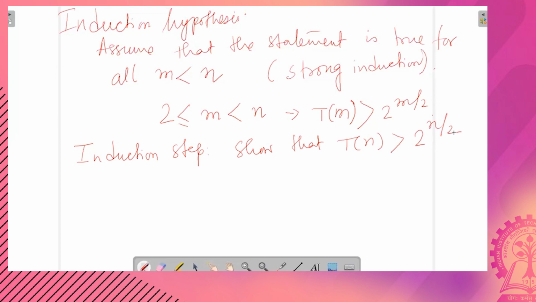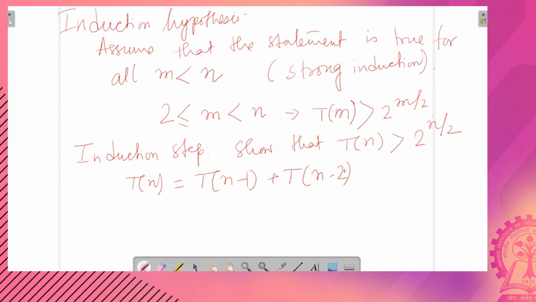Now, how are we going to show this? So we know that Tn can be obtained as Tn minus 1 plus Tn minus 2. Now, since n minus 1 and n minus 2 are strictly less than n, for them the induction hypothesis should hold.